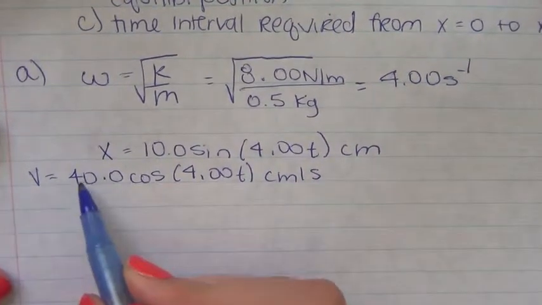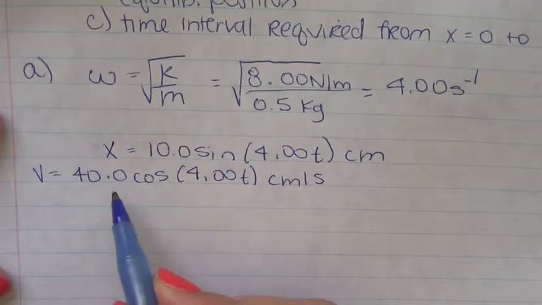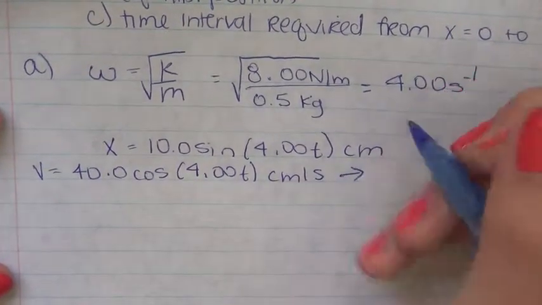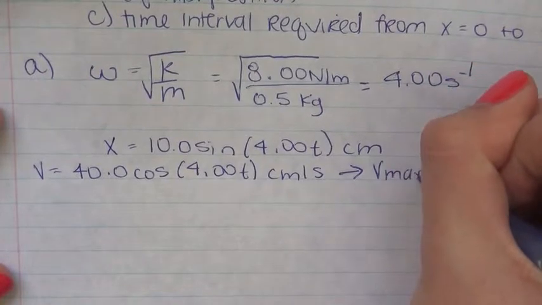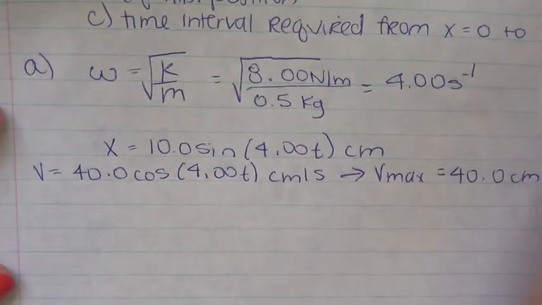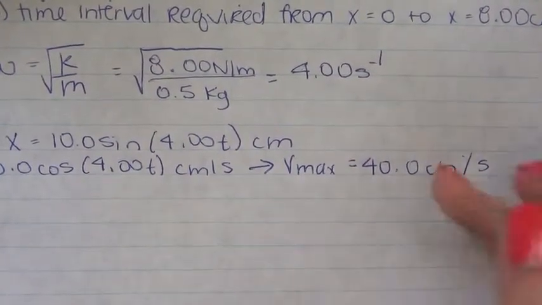So by solving this, we get our v max, which is going to be 40.0 centimeters per second.